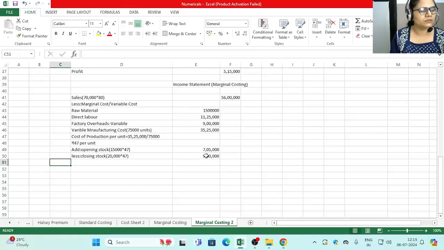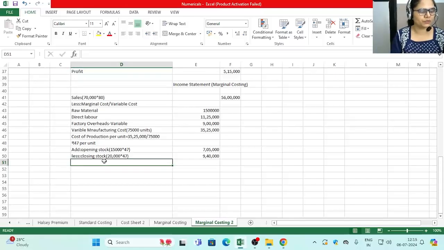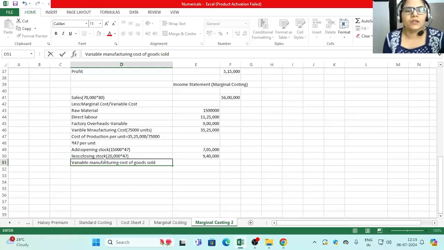So, we will get variable manufacturing cost of goods sold. Cost of goods sold. It will be 32 lakh 90,000.